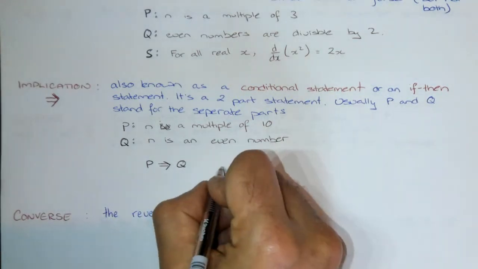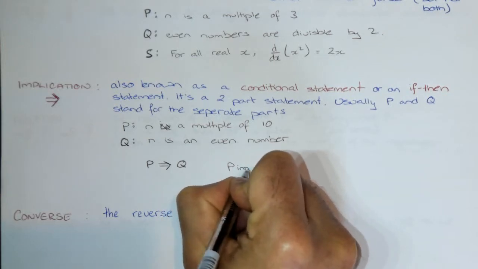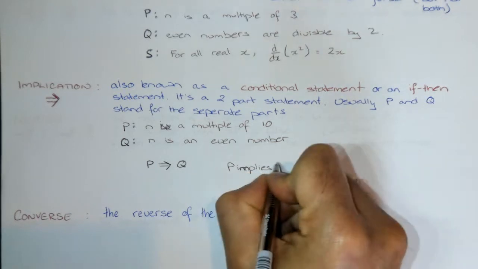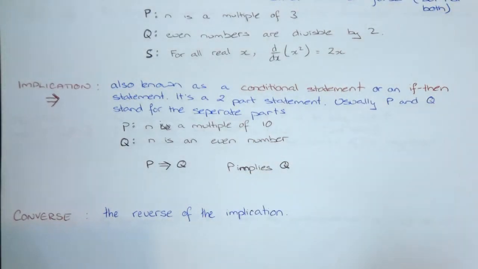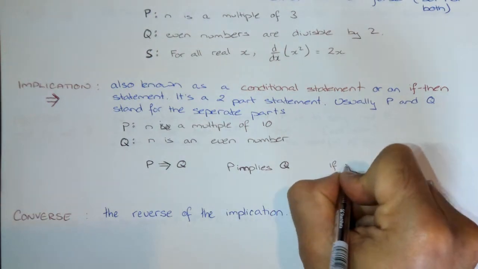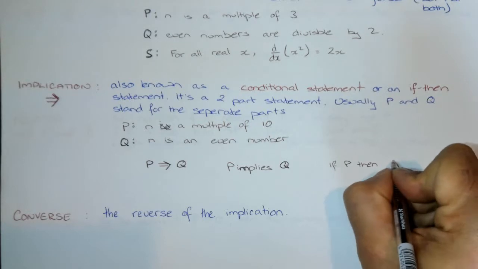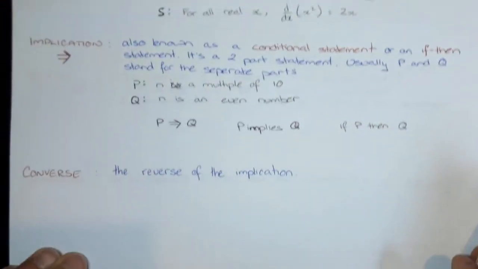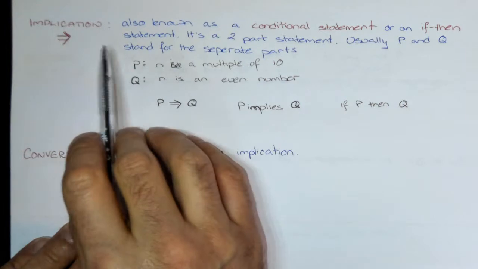We read this as P implies Q, or we can write: if P is true, then Q, or if P, then Q. The converse is the reverse of the implication.